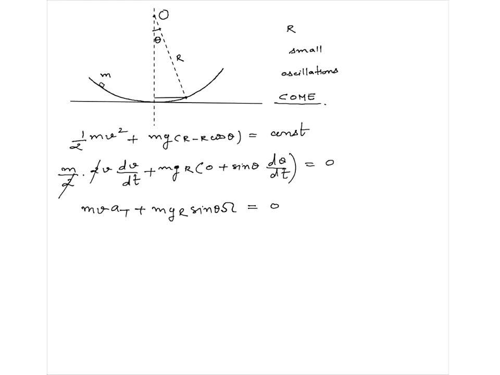Now, this is circular motion. So V is equal to R omega. Again, this omega. M I can cancel right away. Now we want angular SHM. So AT also we don't want. How do we convert AT to alpha?